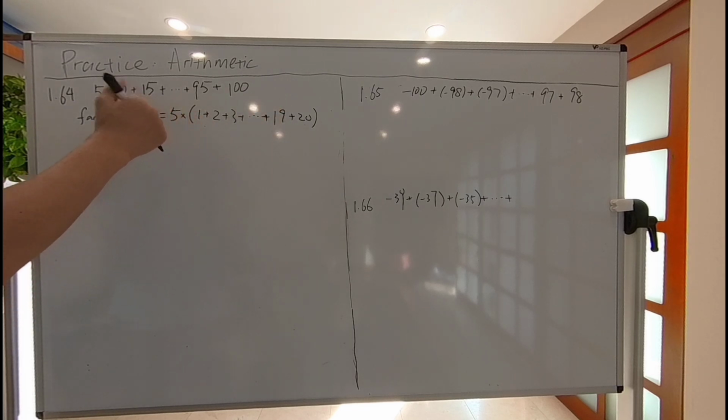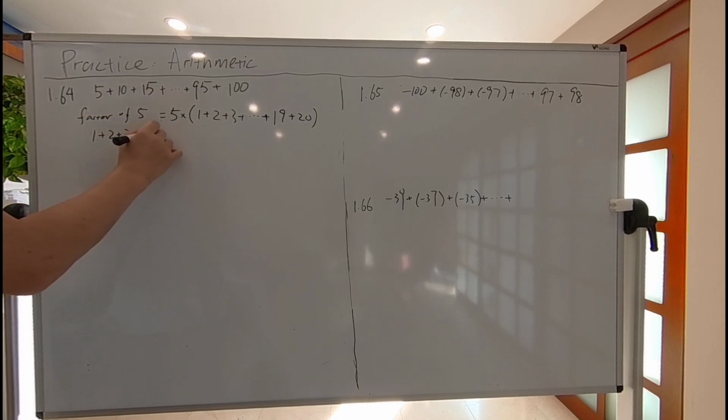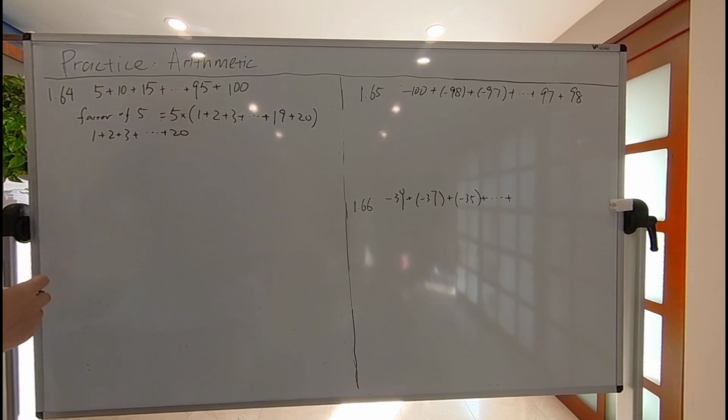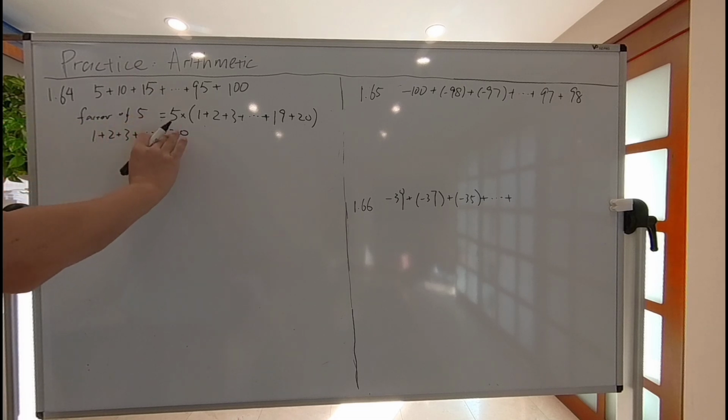Now this becomes a bit easier than the original question already. Now, how do we calculate the sum up to 20? Again, you don't have to add them up one by one because it takes too much time. You can still try to observe if there's any pattern that you can find.